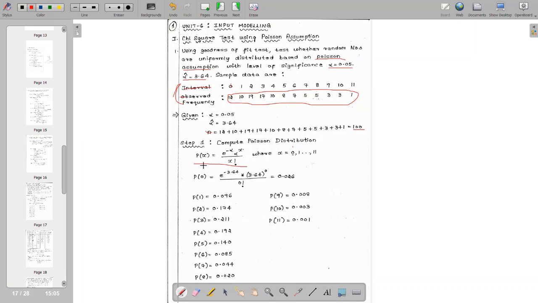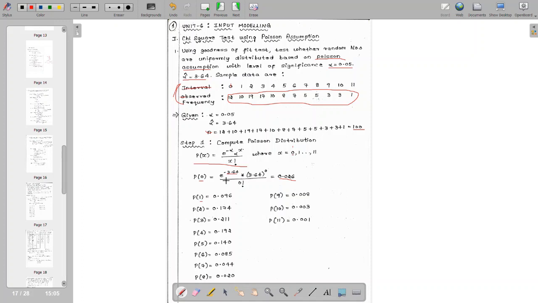Now, first step: x is 0, so p0 is equal to e to the power of minus critical value 3.64 into 3.64 power of 0 divided by 0 factorial, and you will get 0.026. Then x gets incremented, x becomes 1.